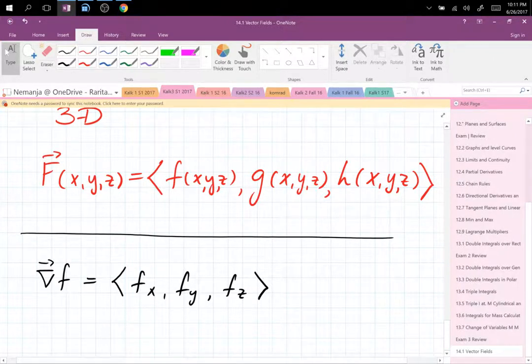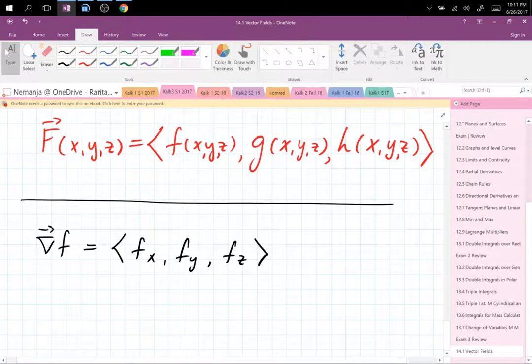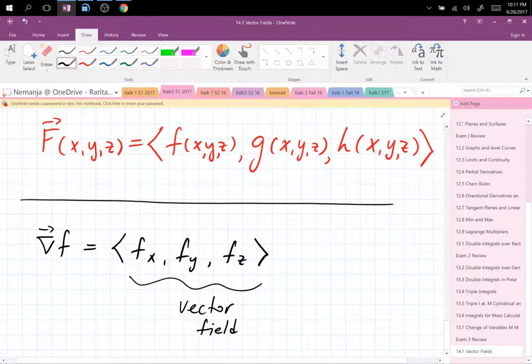So right now I'm just making this parallel that you can generate a vector field by just hitting the function with the gradient, and then you can take a look at what you get. This is a vector field now, and the function which generated that field is called a potential function.